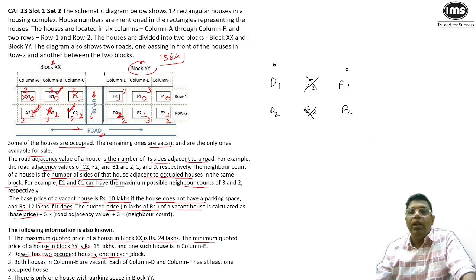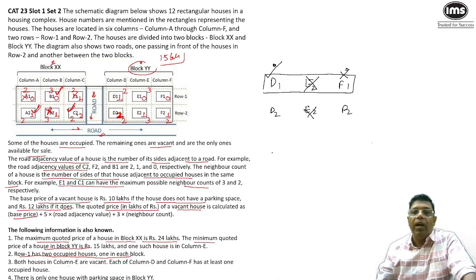F1, F2. Now we know that in this particular row only 1 house will be occupied. So there are 2 possibilities. Either D1 is occupied, so in one case I'll take D1 to be occupied and F1 is occupied. And in the second case I will try to see that, occupied, unoccupied.